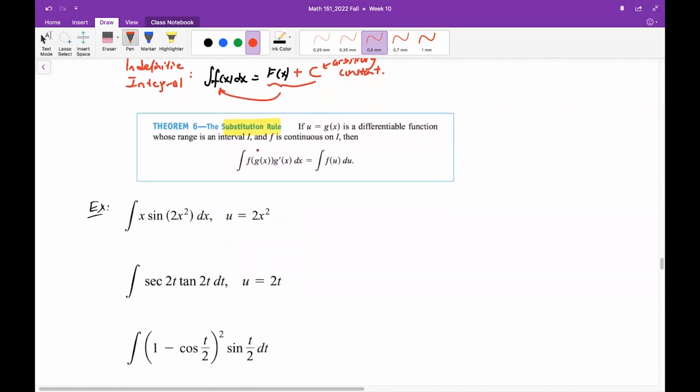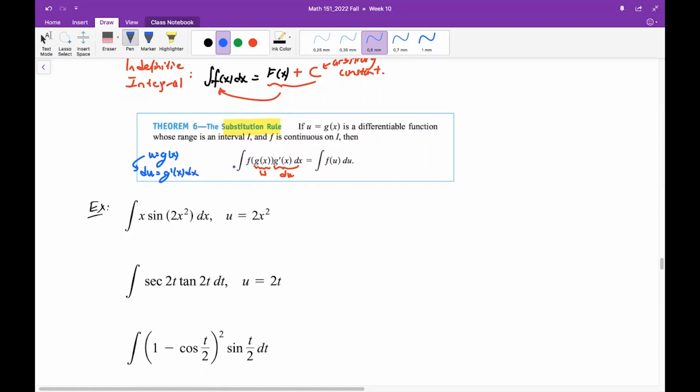So applying substitution means that you choose some part of your integral as your u, and then you try to express the integral in terms of u and du. So if u is g of x, then this part is the differential of u, right? What I wrote there is, if you choose u as g of x, then du is g prime of x dx. We covered differentials in one of the previous lectures.